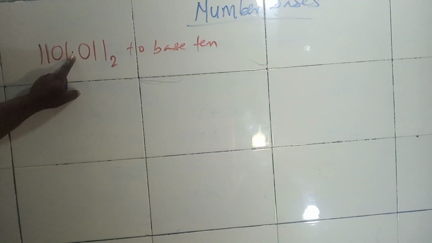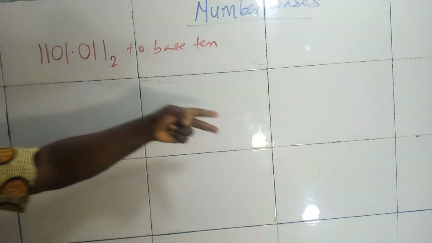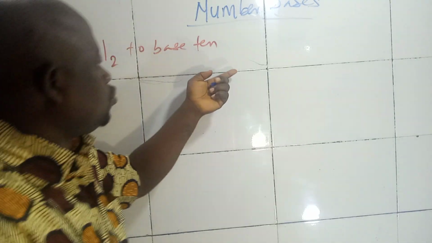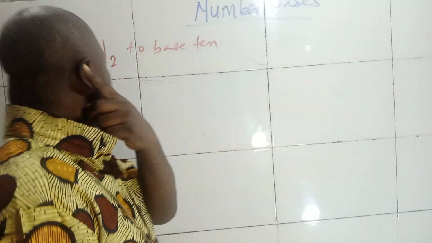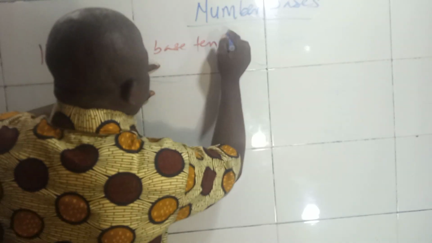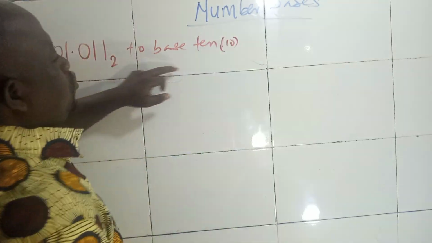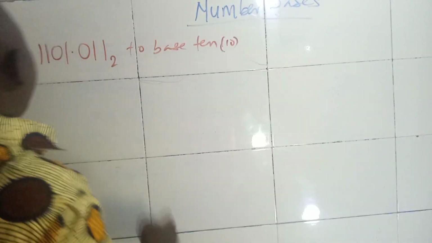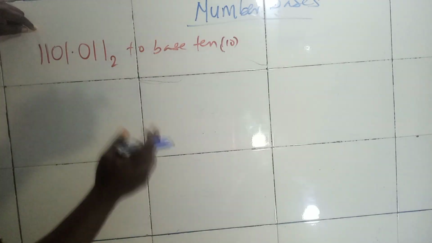If you now look at it, this one has dots. The previous ones I gave had no dots. This is a decimal point. We want to convert it to base 10. How do you go about this? The first thing you do, you can rewrite this. So you want to convert this one back to what you are used to. So for us to label this, is labeling.